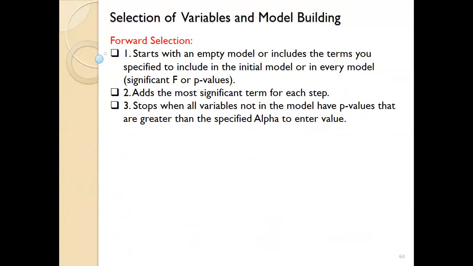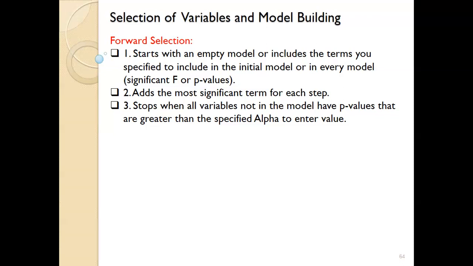You compare the P values of beta 1, beta 2, beta 3, beta 4. Whichever is the lowest, you choose that into the model first. Then you check again with beta 2, beta 3, beta 4, and see which is the smallest, and include it in the model. Step by step. If the P value is greater than alpha, you cut off that variable. Sometimes you have x1, x2, x3, x4, and the model is y equal to beta 0 plus beta 1 x1 plus beta 3 x3, with no x2 and x4, because x2 and x4 are not significant.